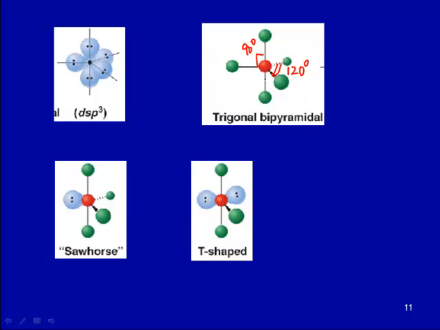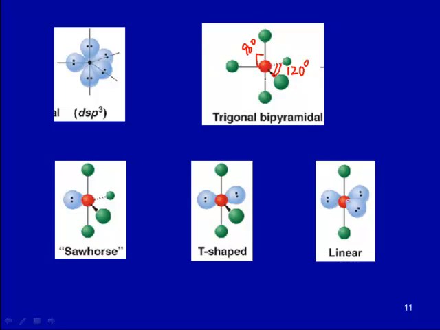If you have 2 lone pairs, now you have a T-shaped molecule. If you have 3 lone pairs on the central atom, now you have a perfectly linear molecule, and we call the bond angle 180 degrees. And in this case, we're going to be slightly less than 90.